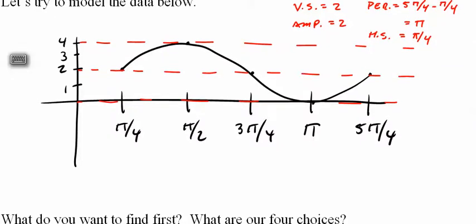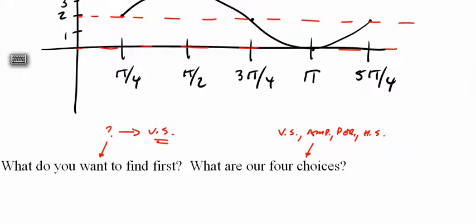So we use that. And these were our 4 choices: vertical shift, amplitude, period, horizontal shift. And you can start with whatever you want. I happen to start with vertical shift because it seemed obvious to me.